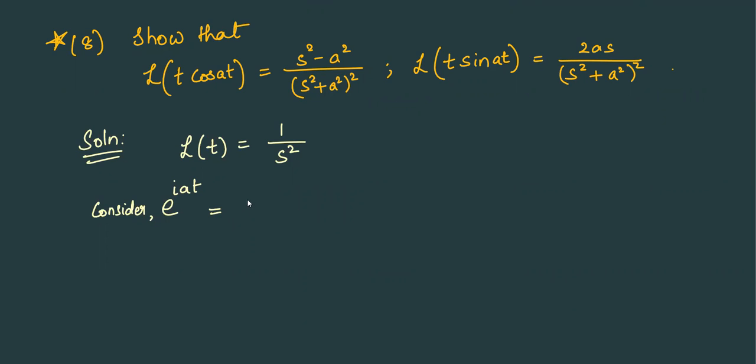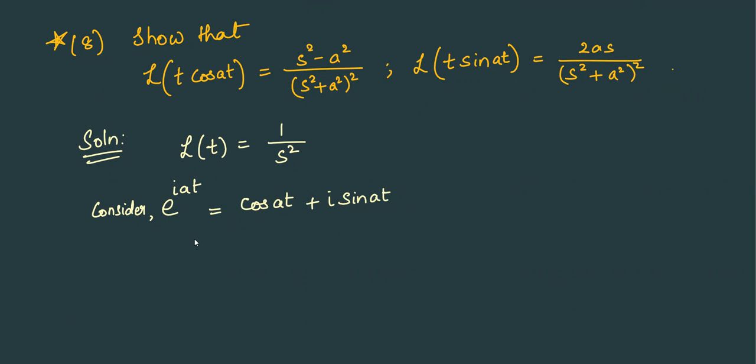This will be cos at plus i sin at. This is the Euler's formula for complex numbers: e power i theta is cos theta plus i sin theta. So we are using that.